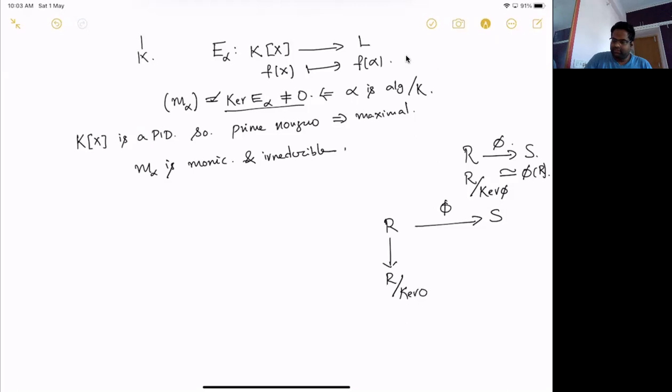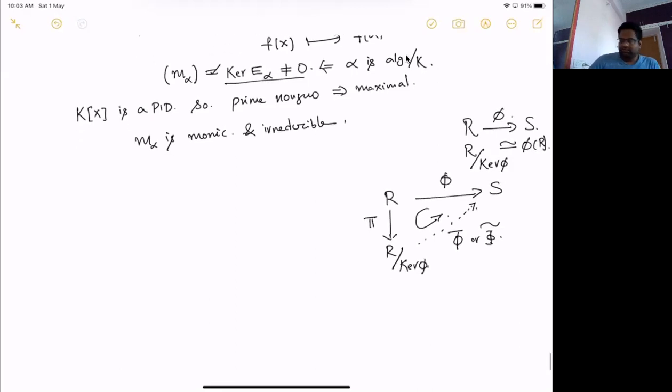This map is the unique homomorphism which factors through the kernel of phi. It is denoted by phi bar or phi tilde, depending on your choice.